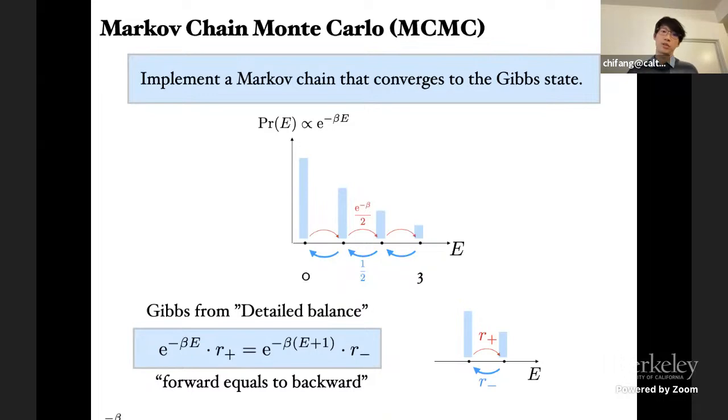Therefore, this Markov chain indeed converges to the Gibbs state. Since this problem is so simple, we can also calculate how fast this mixes, this 1D random walk. However, the power of Markov chain Monte Carlo is that it works beyond this very simple, almost contrived example.